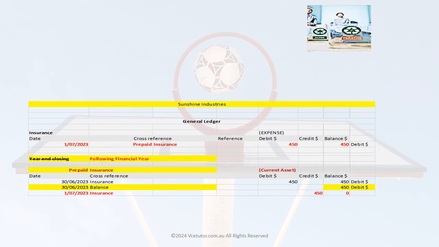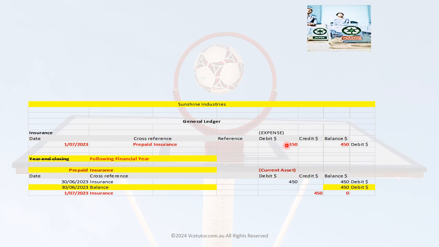The same thing is presented in the other form of ledger, which is used in reality, where the columns are similar to your general journal, except that you have got a balance column and another column towards the end of the balance column to show whether that balance is a debit balance or credit balance.